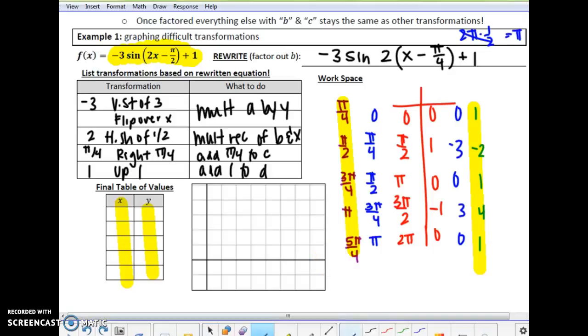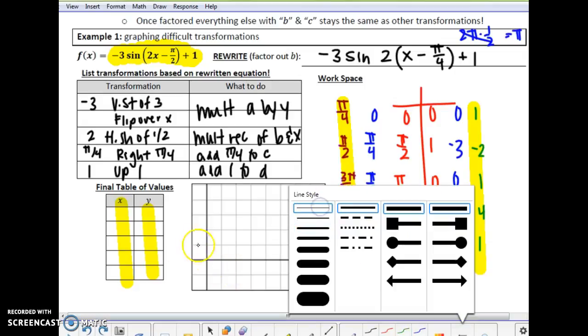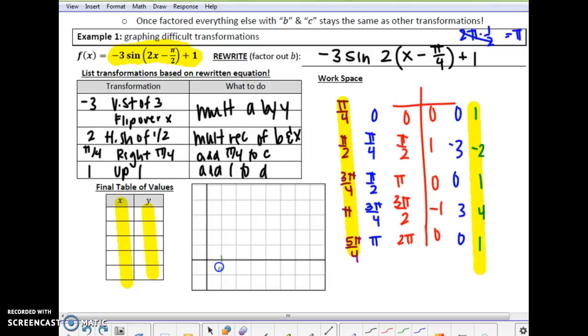When you are setting up your scale on your x-axis, remember that this is going to tell you each of those little marks. So 0, 0 is going to stay 0, 0, but this first one is going to be pi over 4, pi over 2, 3 pi over 4, pi, and then 5 pi over 4.